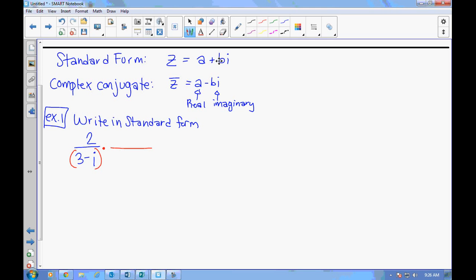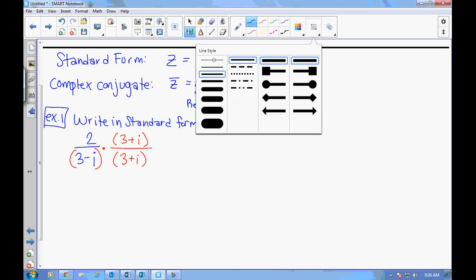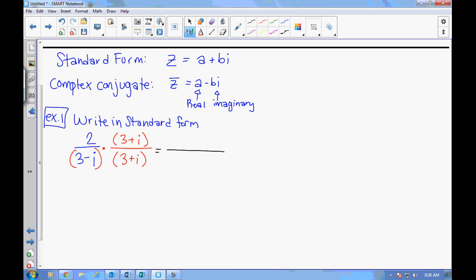Yep, so it'd be 3 plus i. But if we multiply it on top, we have to multiply on bottom, because 3 plus i divided by 3 plus i is 1. So we're not actually changing the problem if we're multiplying by 1. Okay, so we're going to go through and distribute it in and see what happens.